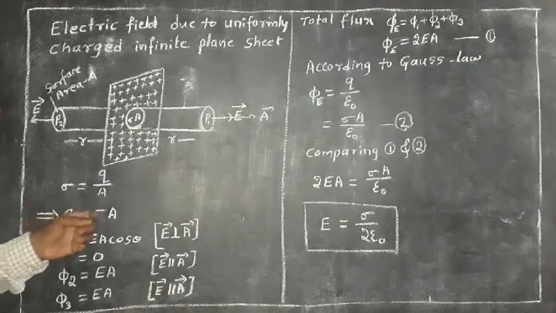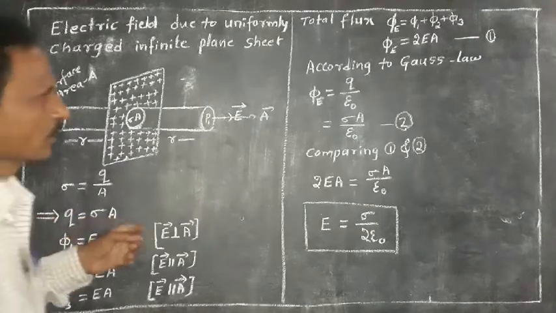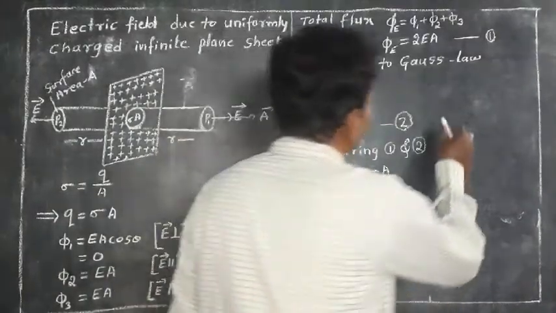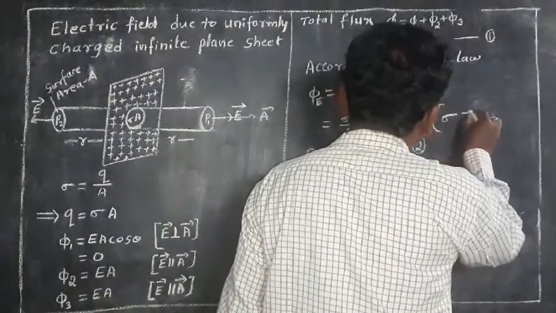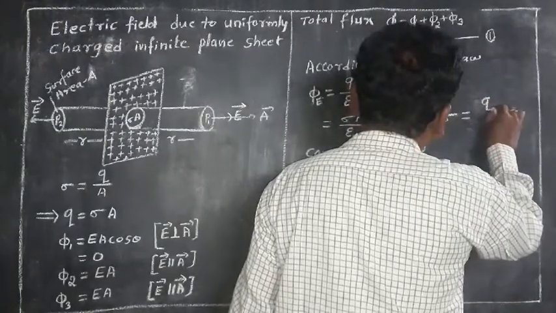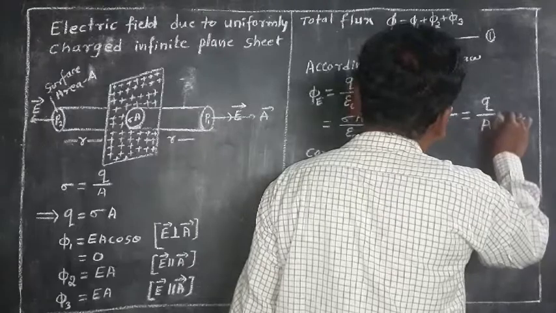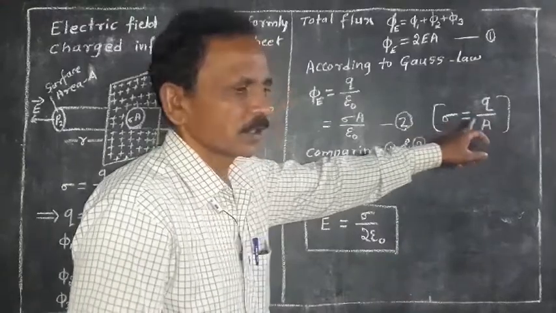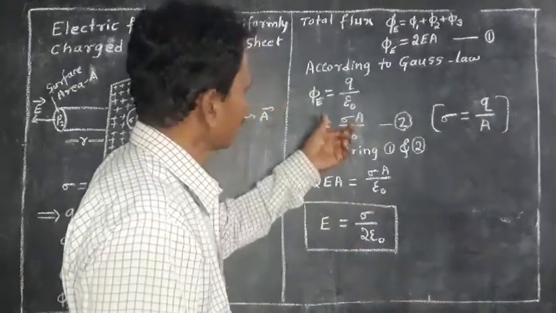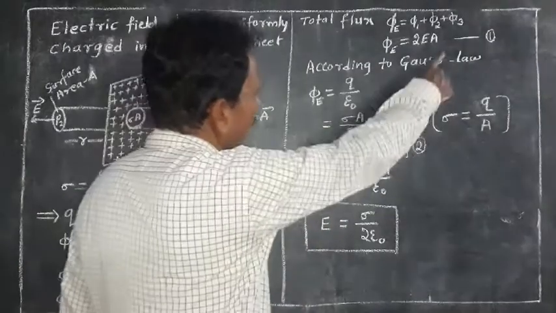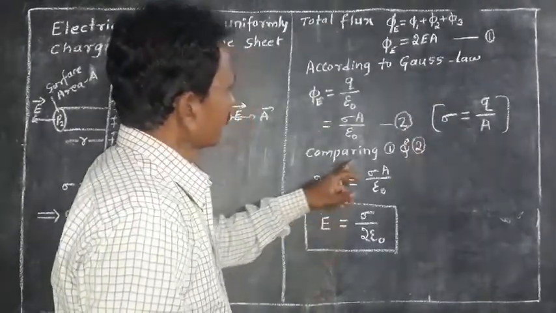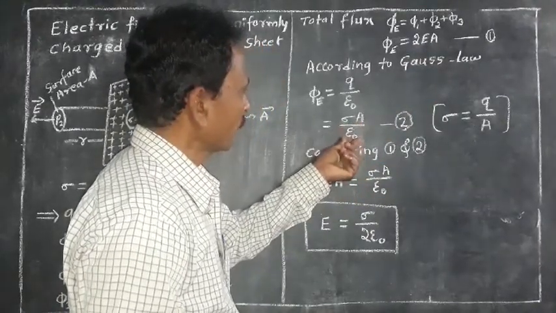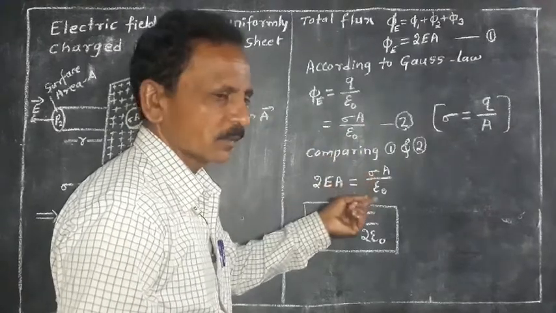Therefore, Q equal to sigma into A. Now, from equation 1 and 2, 2EA is equal to sigma A upon epsilon naught.